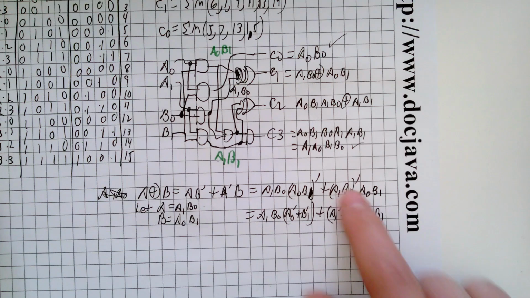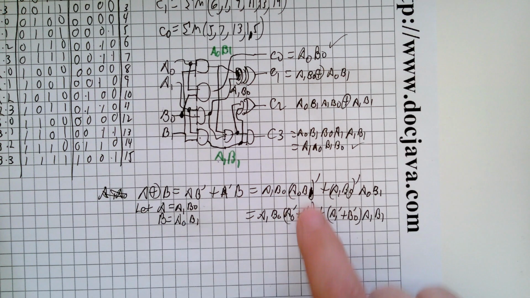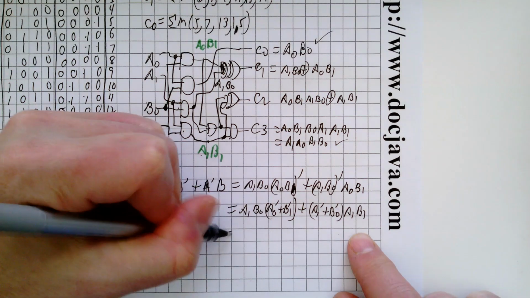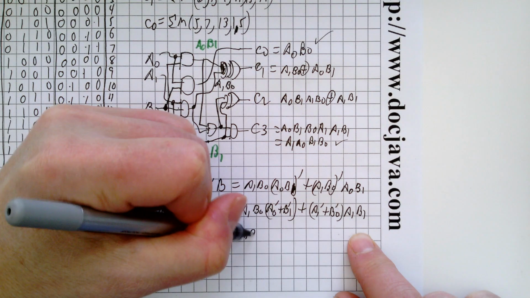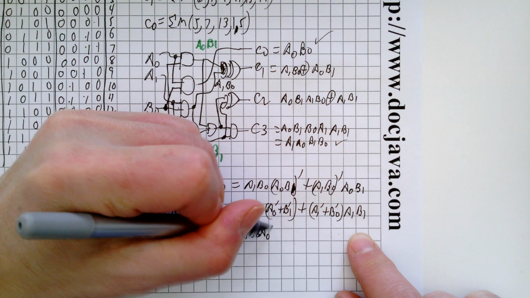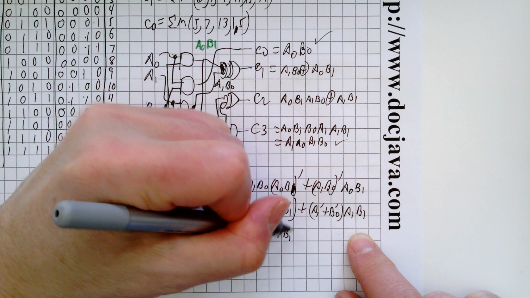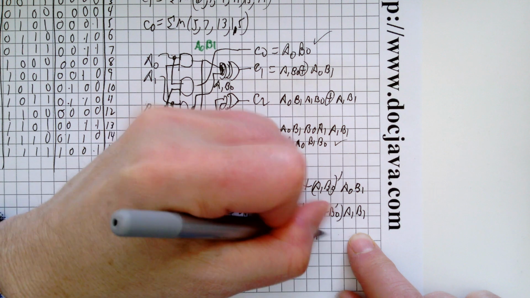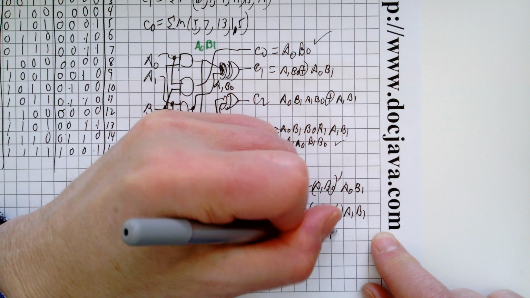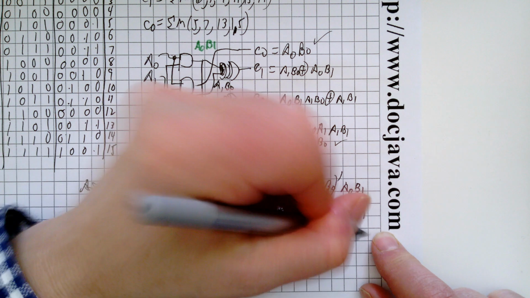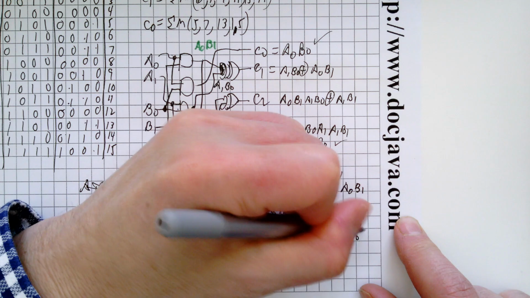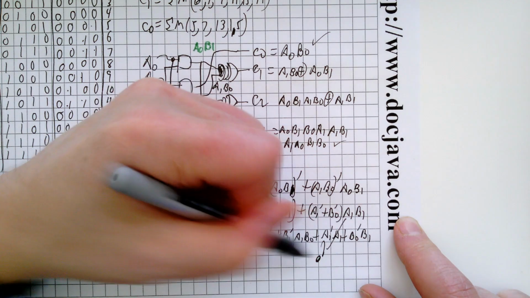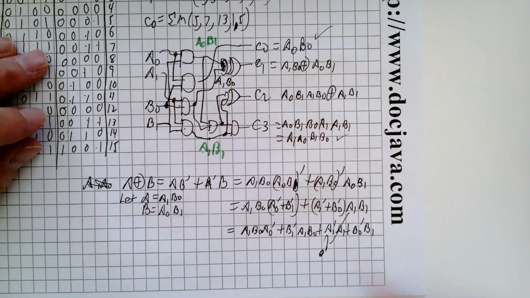Right, so I've applied De Morgan's theorem here, De Morgan's theorem here. Now I can use a distribution theorem. And this is a simplification to 0 because it's A1 prime times A.